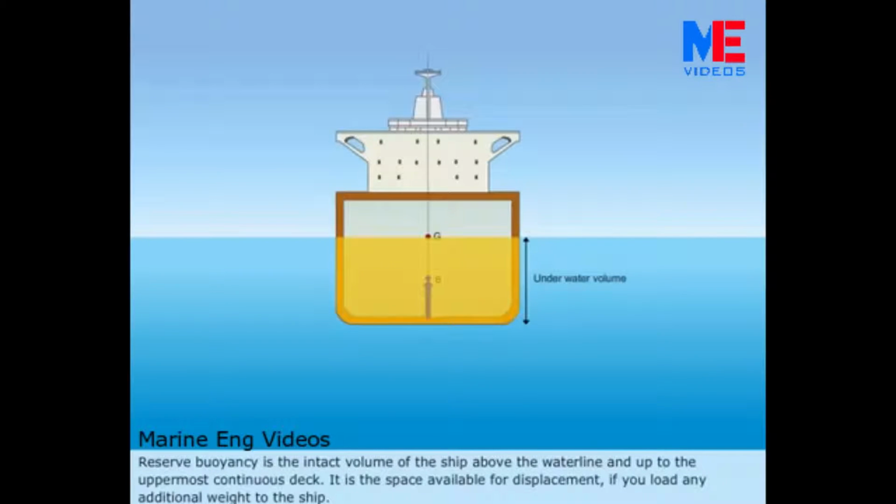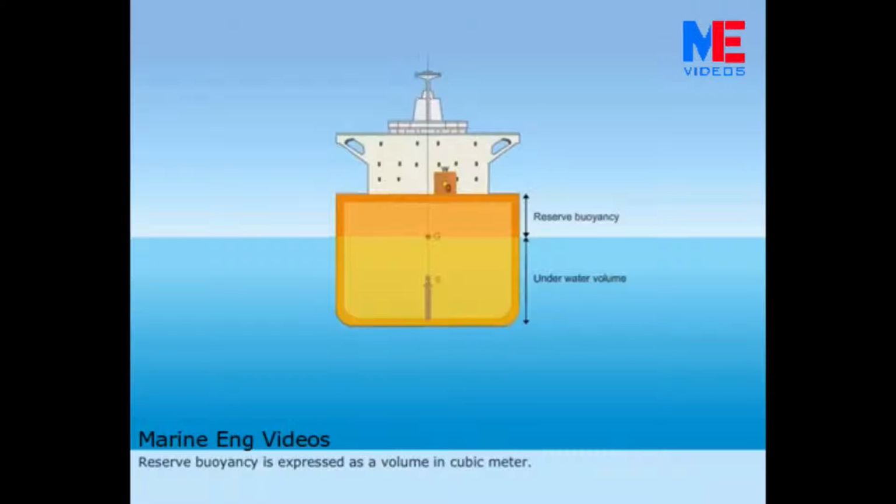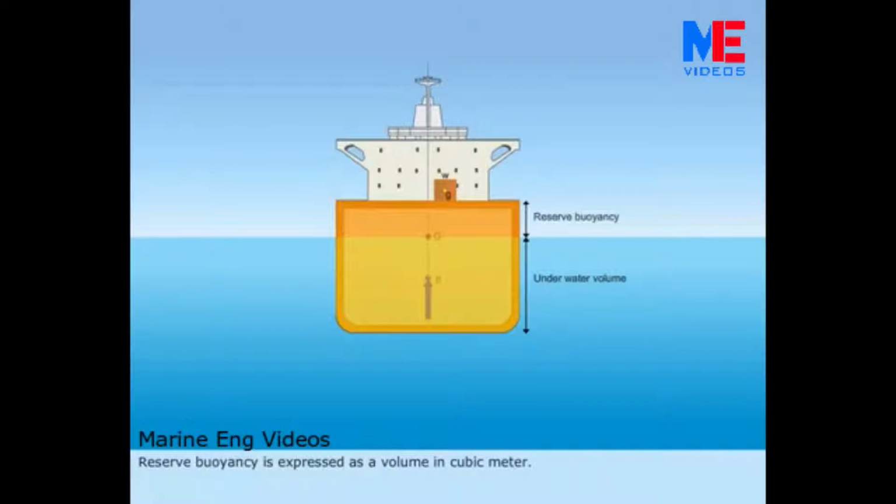Reserve buoyancy is the intact volume of the ship above the waterline and up to the uppermost continuous deck. It is the space available for displacement if you load any additional weight to the ship. Reserve buoyancy is expressed as a volume in cubic meter.